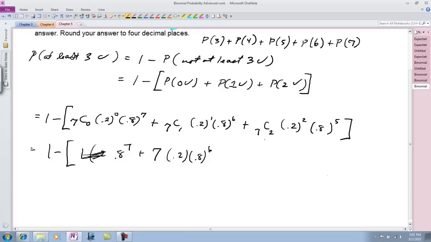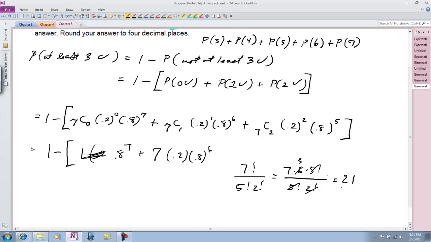And then this last one, 7 choose 2, you could do this with factorial, and you would get 7 factorial over 5 factorial times 2 factorial, which is 7 times 6 times 5 factorial, over 5 factorial times 2 factorial. These guys cancel, and 2 goes into 6 3 times, so your answer is 21.